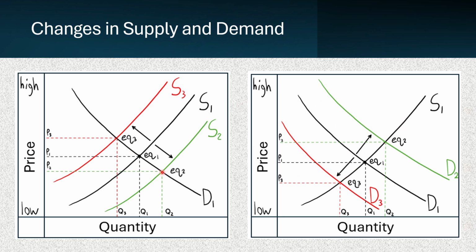So these graphs show you that these shifts cause the equilibrium price to change, and you can see the price changes, the quantity changes. So overall, when you're dealing with supply and demand problems, you have to carefully consider how these shifts and curves will affect the price and quantity of a given good.